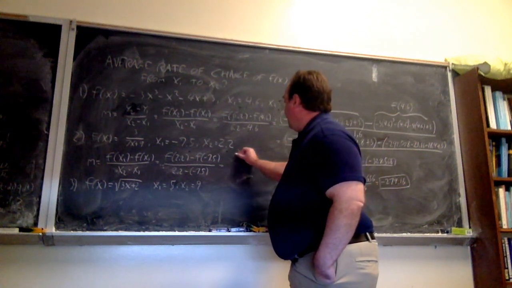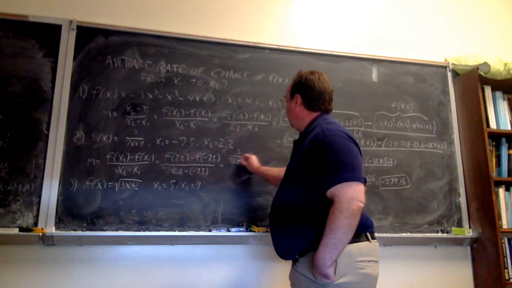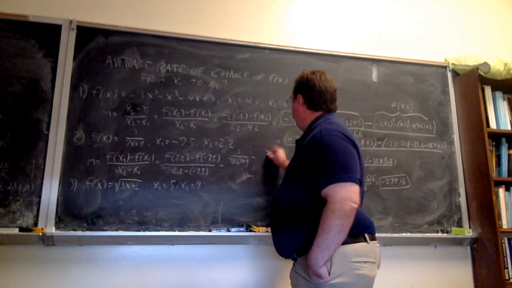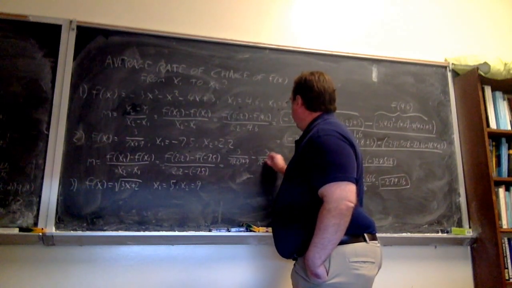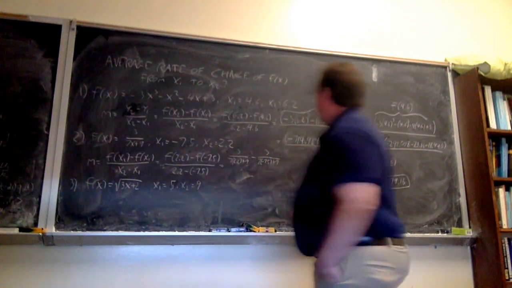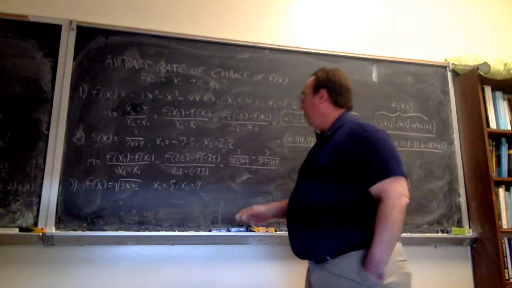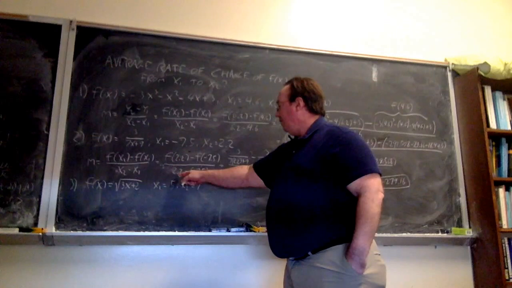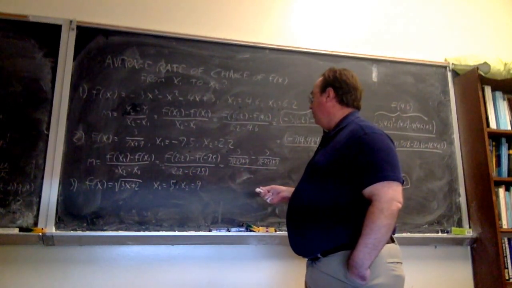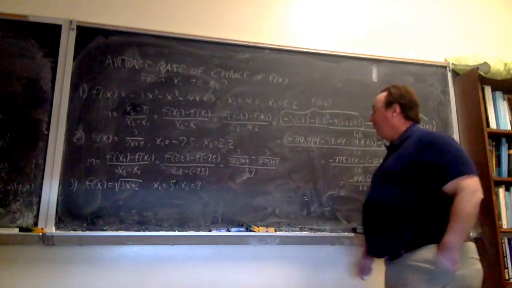So we're going to have 3 over 7 times 2.2 plus 9 minus 3 over 7 times minus 7.5 plus 9. And then divided by the difference in our x values. So we have effectively 2.2 plus 7.5 because of the negatives canceling. So we end up with 9.7 down below.